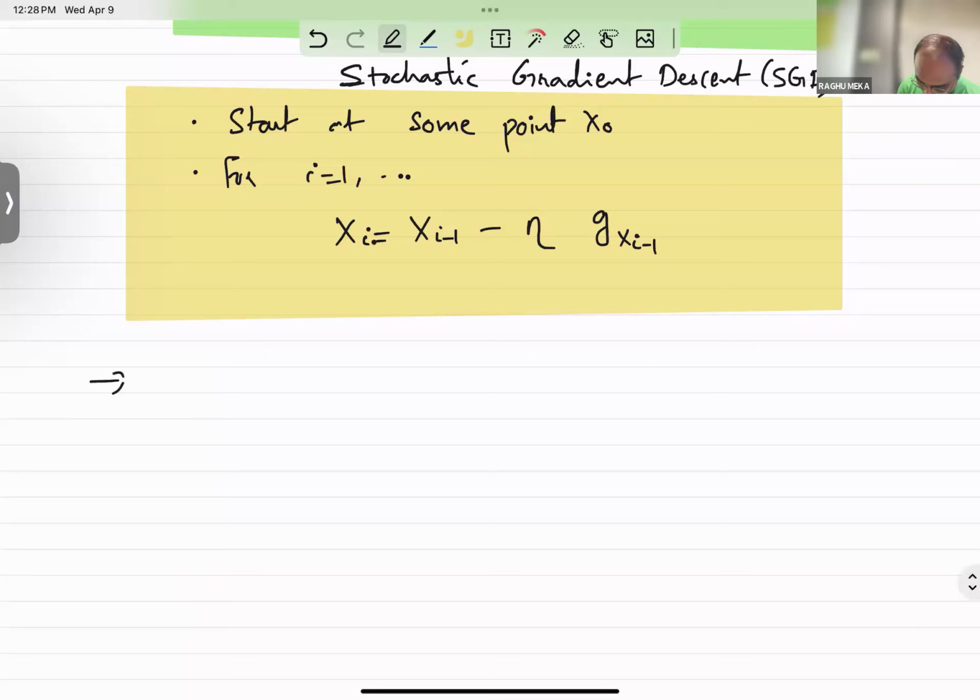And let's just talk about quality of estimators. How do you measure the quality of an estimator? What would make one estimator better compared to another estimator? Any suggestions? Yeah.